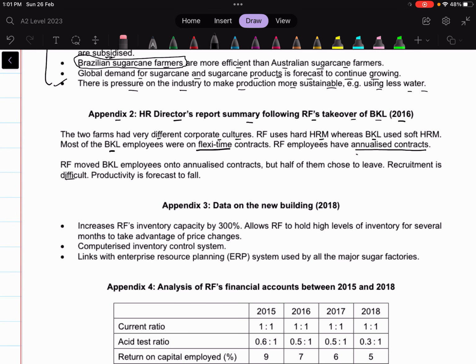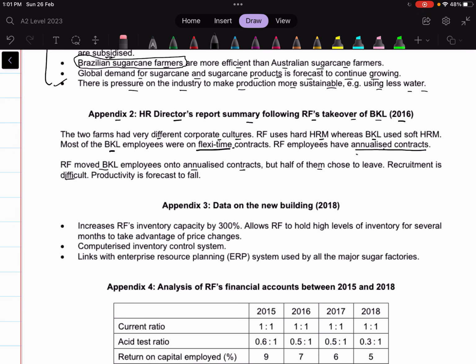And since this business was overly focused on ensuring more and more profits, it somehow ignored or did not plan for the diseconomies that may arise, which may include poor coordination, poor communication, or low labor motivation. And let's dive into this further. RF moved BKL employees onto annualized contracts, so there has been a shift from flexi-time to annualized.